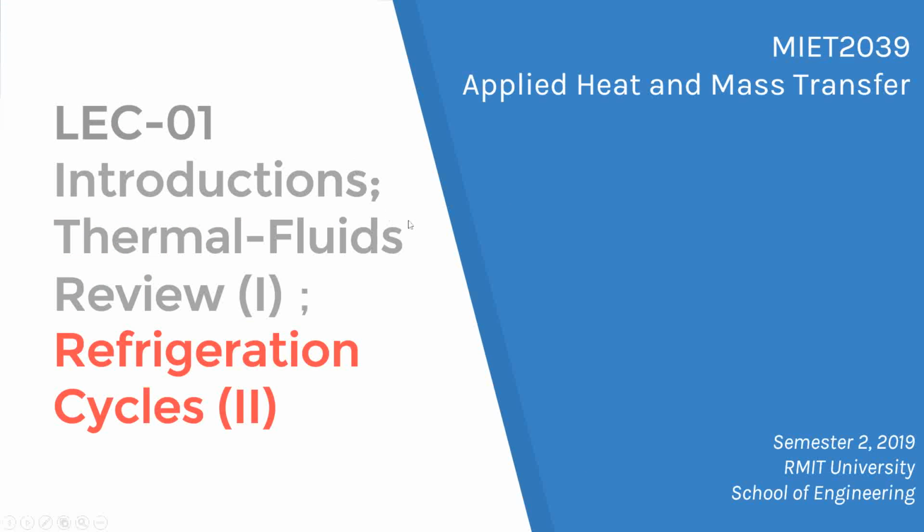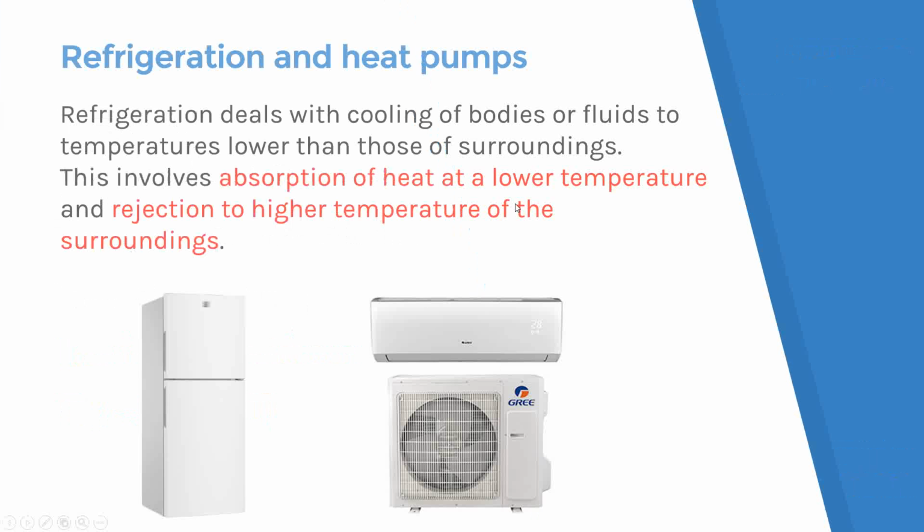Okay, so the second part is the refrigeration cycle. I believe everyone is already very familiar with applications like the fridge or the split air conditioning system. For heat transfer, as we learned last semester, heat transfers from high temperature to low temperature. But now we want to deal with some scenarios.